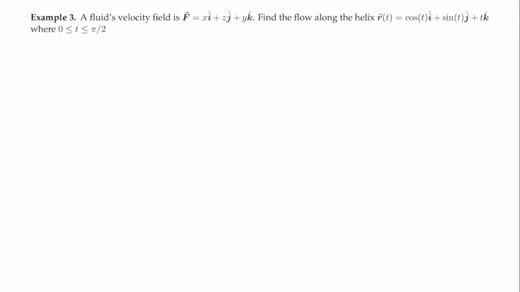You can think of this as DNA, a double helix. Let's say the DNA is immersed inside a fluid flow inside your body, and this is what you're going to calculate, the fluid flow field.